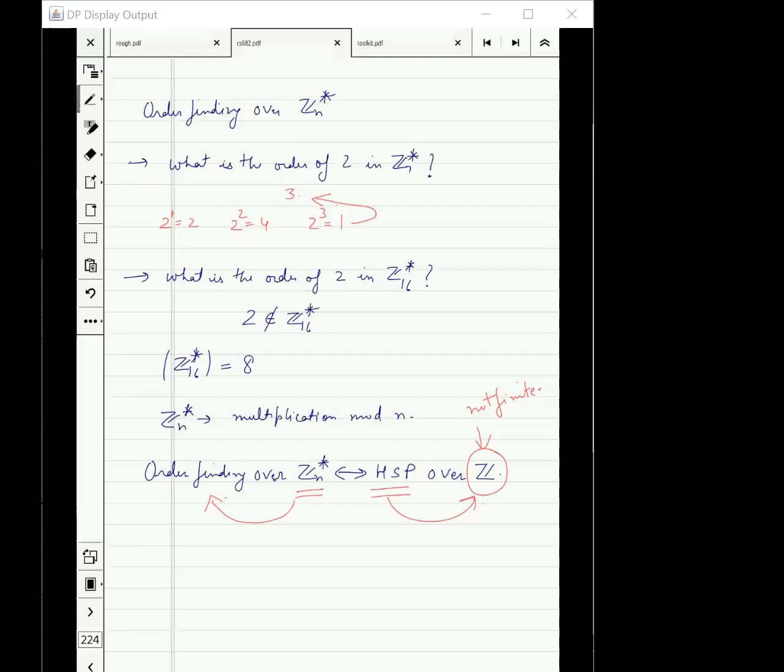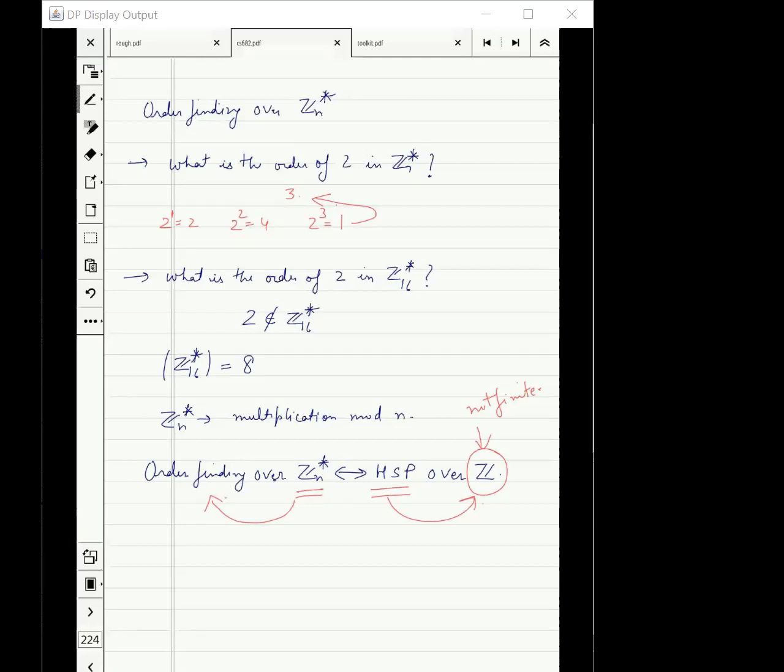If order finding over Zn star was HSP over Zn star, we would be happy. We would have been done, but that's not the case. There is a subtlety in this statement which you should notice. The groups on both sides are different. Okay, knowing this, let's move on to the main theorem which we wanted to prove.